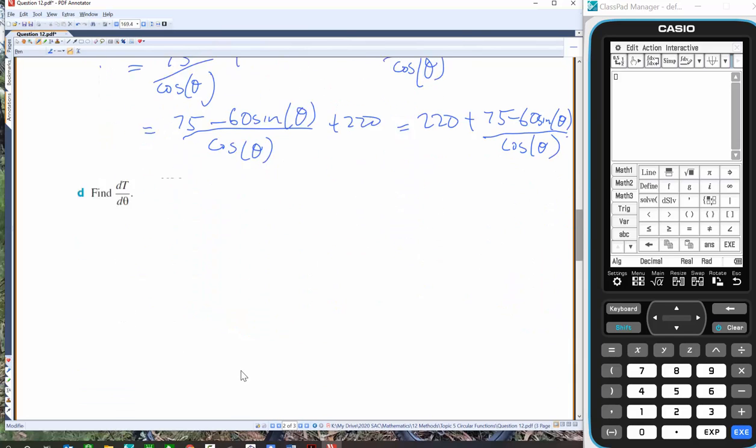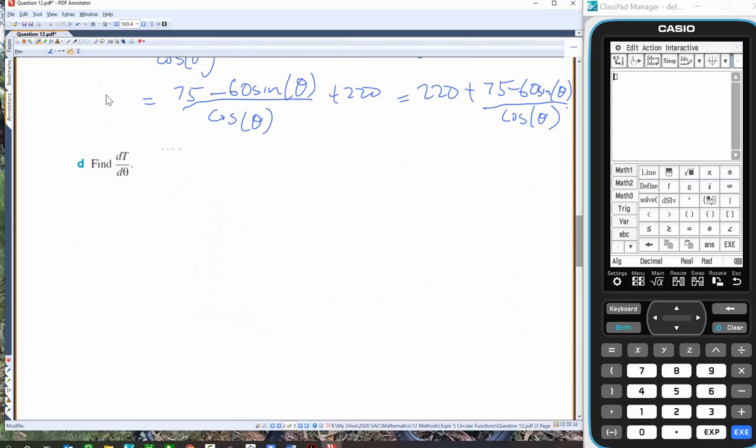All right, we want to differentiate it now. So dT/dθ. The 220 will chop out on the derivative, and I'm going to use the quotient rule to do it.